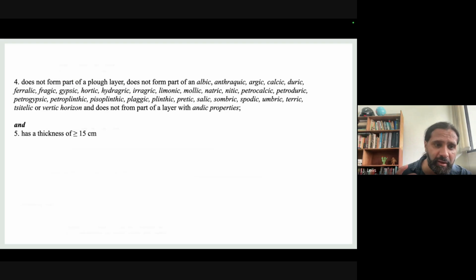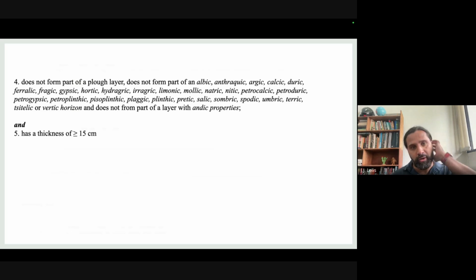And the two last criteria to identify the cambic horizon. The number 4 is that this cambic horizon should only be classified as a cambic horizon as your last option. So the cambic horizon should not fit the criteria for the others.